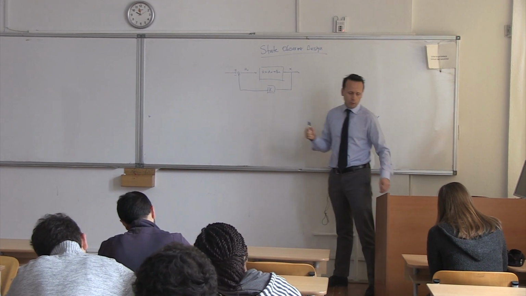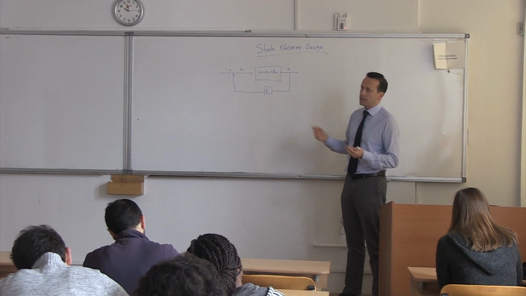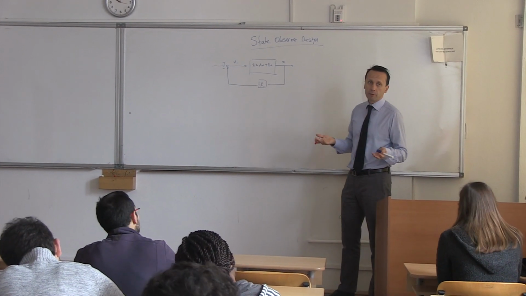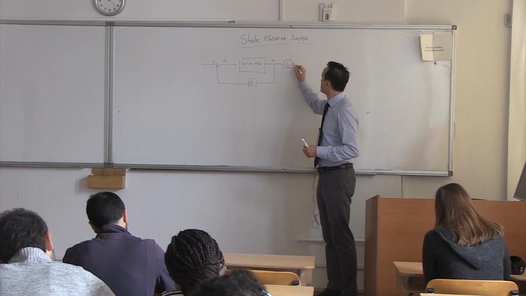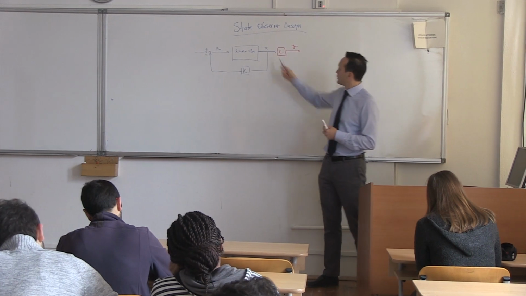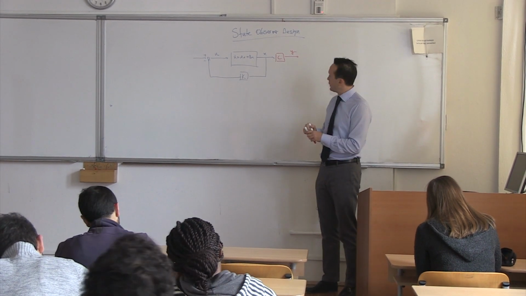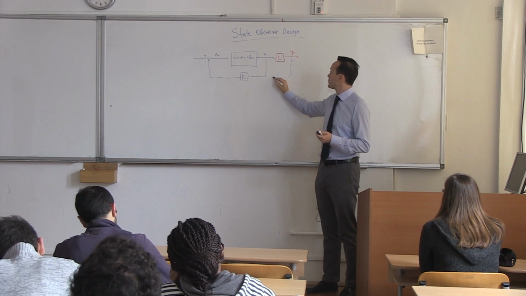Well, I told you we are cheating here a little bit because the real output of the system is not X unless you measure every X. The real output is Y. So this is a little bit cheating here. In reality, this is your output, and what you really should be doing is this.